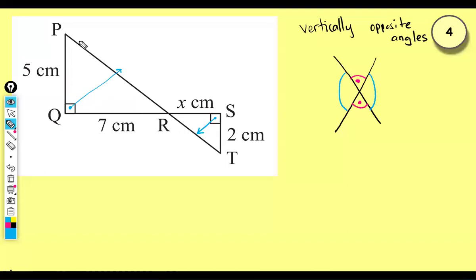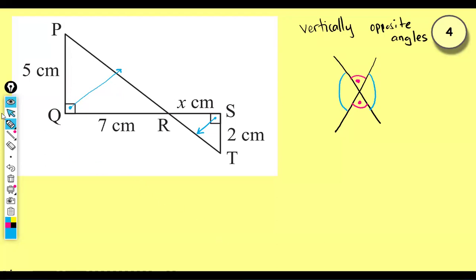So is it fair to say that PR and RT are corresponding sides because both of them are opposite the 90 degrees? What do you all think? Because they have a similar positioning from the 90 degrees, do you think they are corresponding sides?